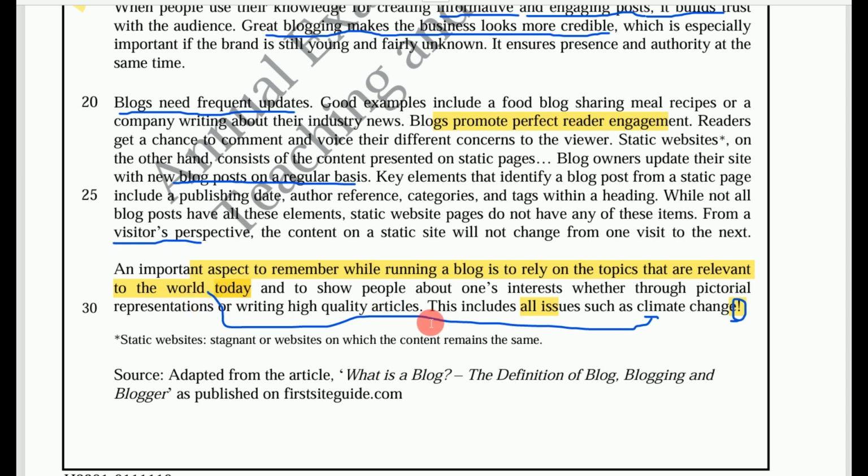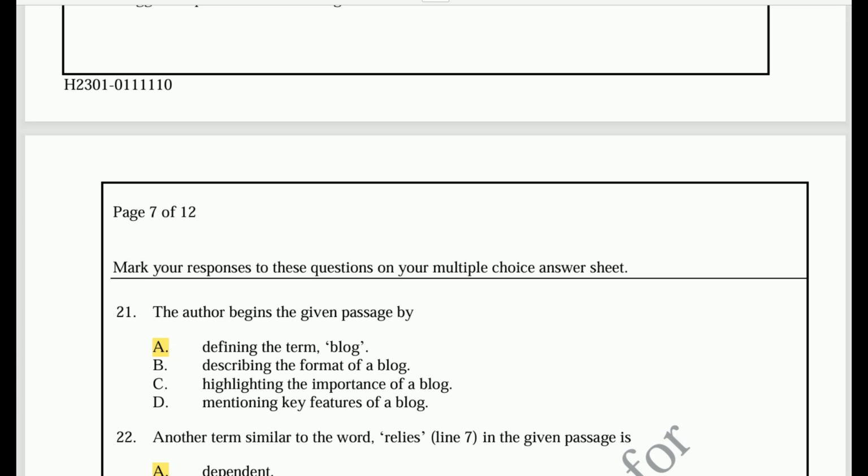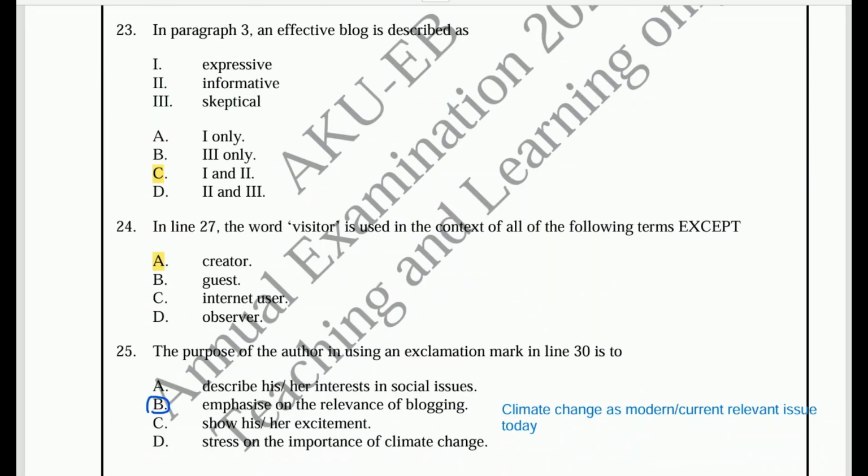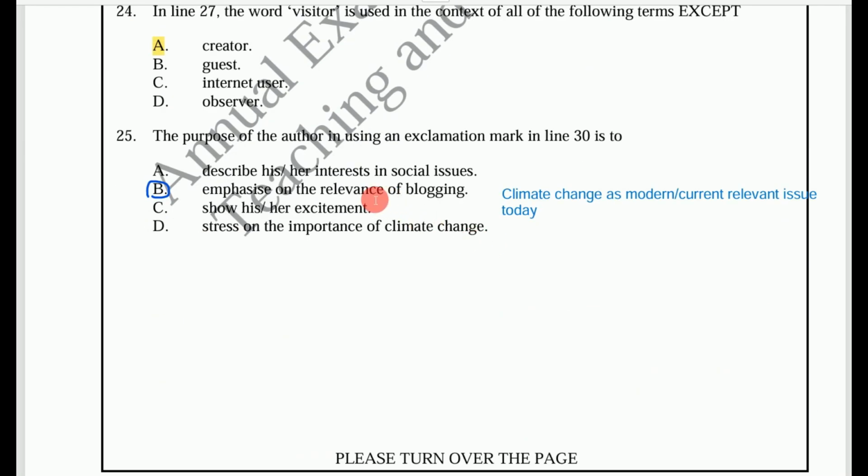So from here we can guess that the topics of your blogging are relevant to current updates or current situations. Here he is talking about issues, and our current burning issue of our time, contemporary issue, is climate change. So the author mentioned climate change to show that climate change is a very recent, relevant phenomenon, so it's the relevancy of blogging.